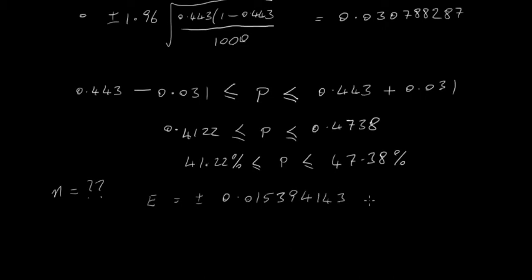Okay, so this is half the margin of error. So what kind of a sample size would we have to take if we wanted this margin of error in particular? Well, let's work that out then.